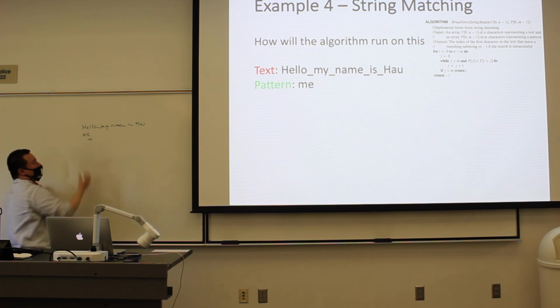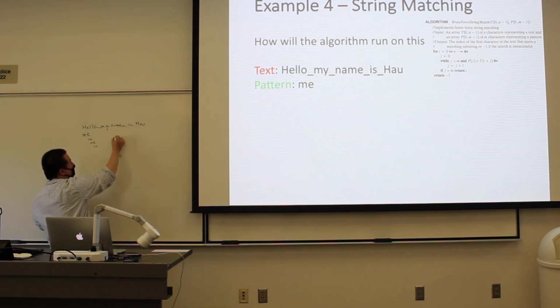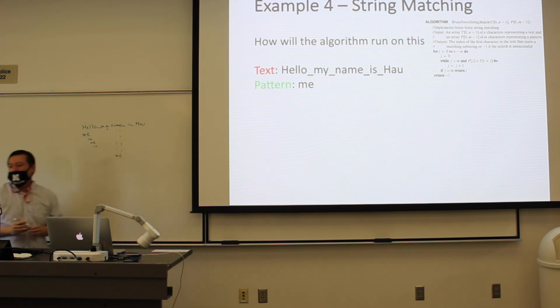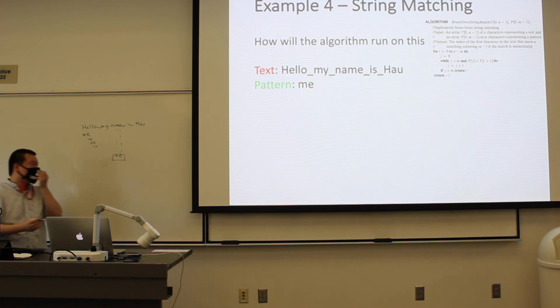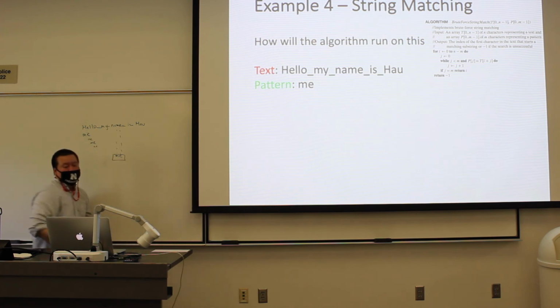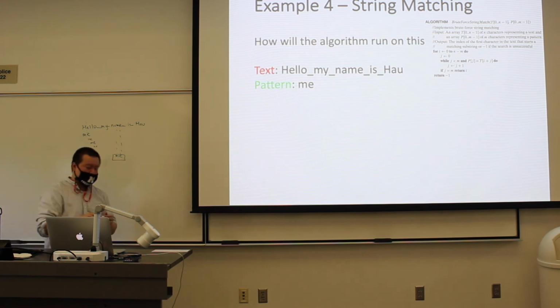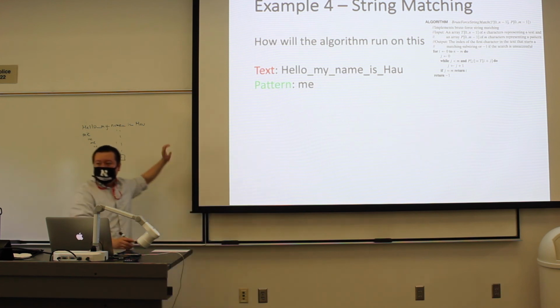But if this initial character doesn't work, then you're gonna keep sliding over until you hit this part, the match. And then what's gonna happen is that M is gonna match, and then it's gonna check the next one, and then basically the algorithm terminates. If it doesn't, then it's gonna keep comparing until the end, and you might not end up getting anything. Are we clear about this?